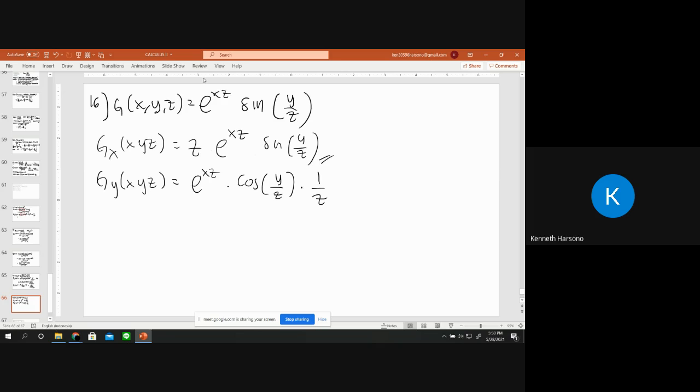Okay, and the mixed derivative. Here you have to use the product rule for both of them. So this just becomes x e power XC times sin of Y over C, plus the derivative of this one, minus cos of Y over C times the derivative inside the cos here.